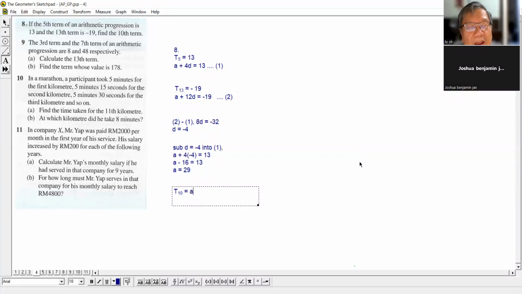A plus 9D, correct. Very good. What is the value of A? 29, then plus 9D. What is D? D is negative 4. So do you know what is the answer?